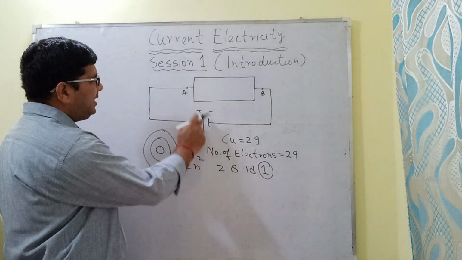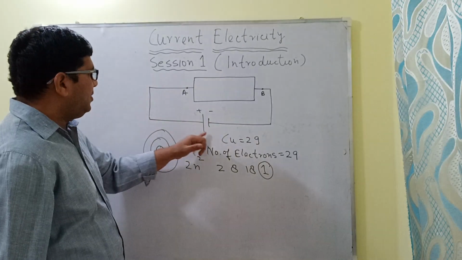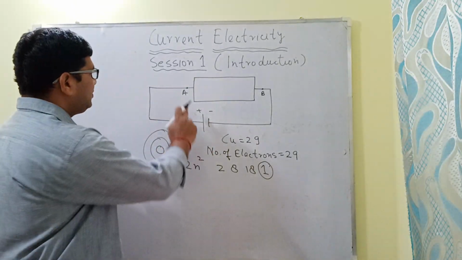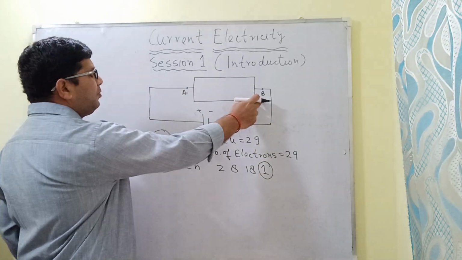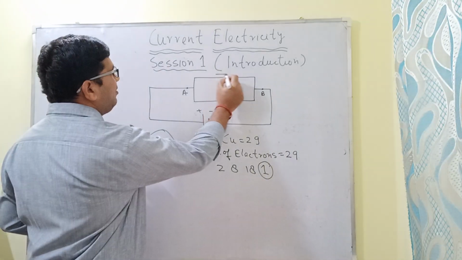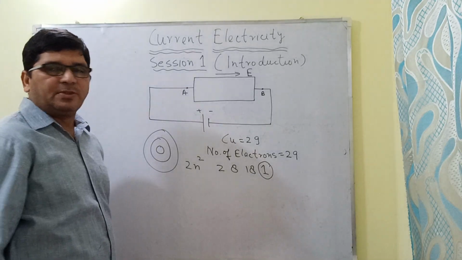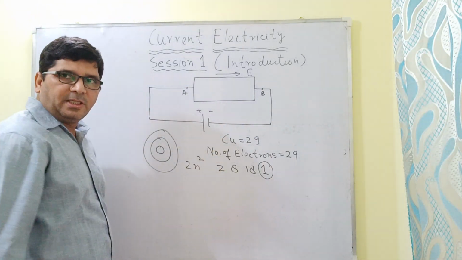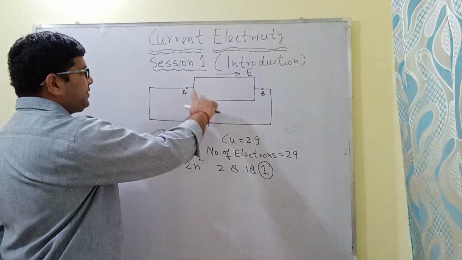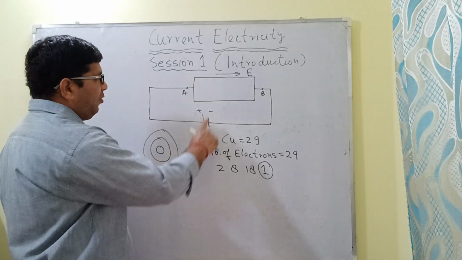Now I have connected this conductor to an external EMF source. This is at a higher potential, this is at a lower potential, so the direction of the electric field will be from a higher potential towards the lower potential. Now because of this electric field, what will happen?